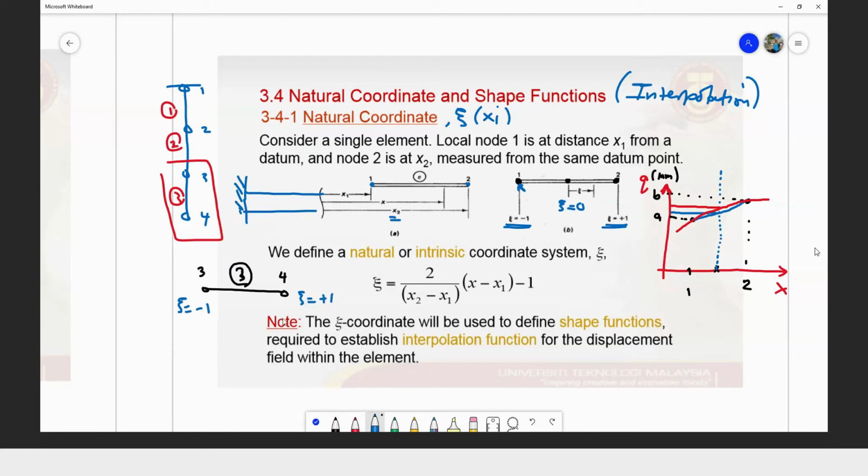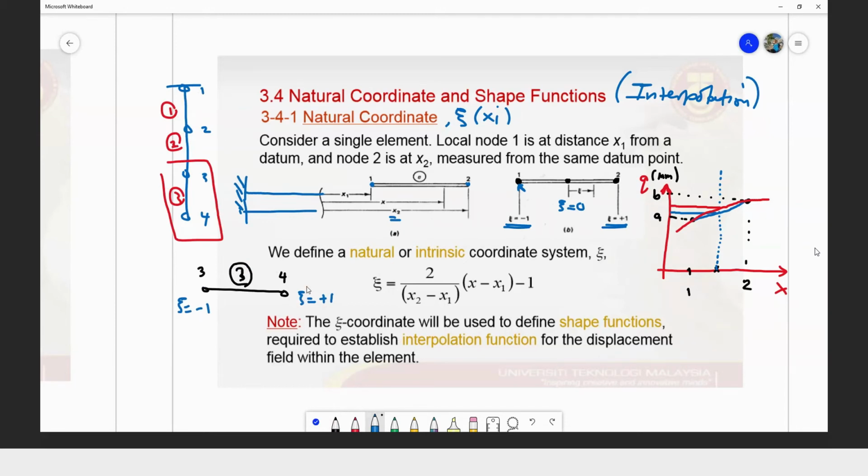So this is according to the textbook that we use to generate these presentations for you lah. But if you read other textbooks, you may find that this natural coordinate system can be written in different ways. Ada sesetengah textbook tu on the left hand side kosong, on the right hand side 1.